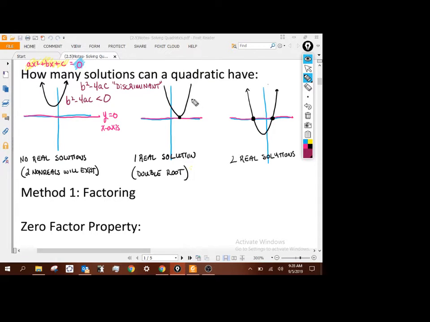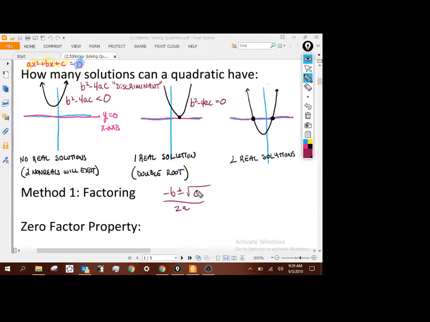If my discriminant is equal to 0, b squared minus 4ac is equal to 0, that means I have one real solution, and it automatically tells me that that real solution is a double root. What that basically says, if you remember what we do with the quadratic formula, we have the opposite of b plus or minus my discriminant, all over 2a.